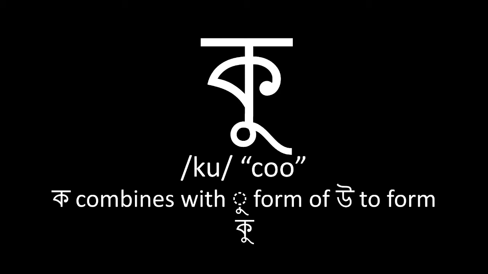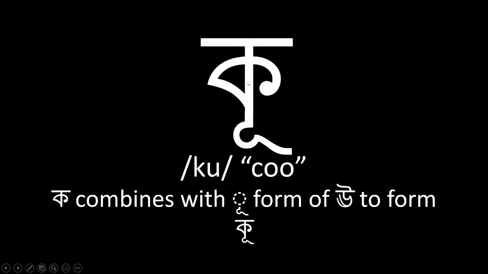In this case, this vowel here, u, has this reduced form here, this little hook, which sometimes can produce a strange conjunct form, which we'll see with the letter go later. But in this case, all you have is the letter ko with this symbol for u underneath it, which takes away the inherent vowel o and replaces it with the vowel u to give us the sound ku.